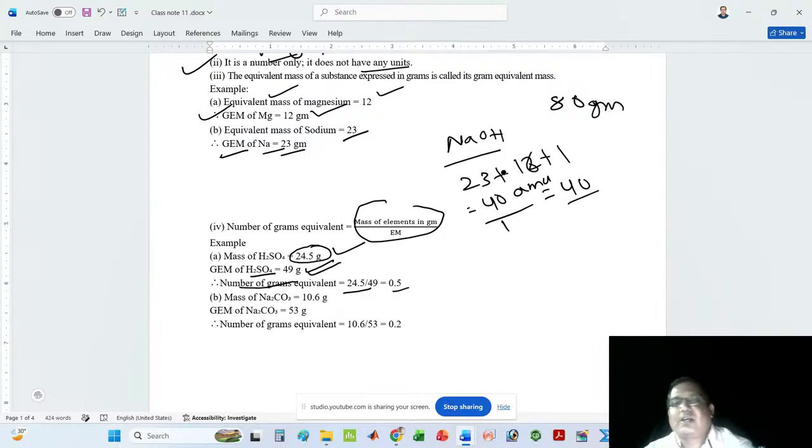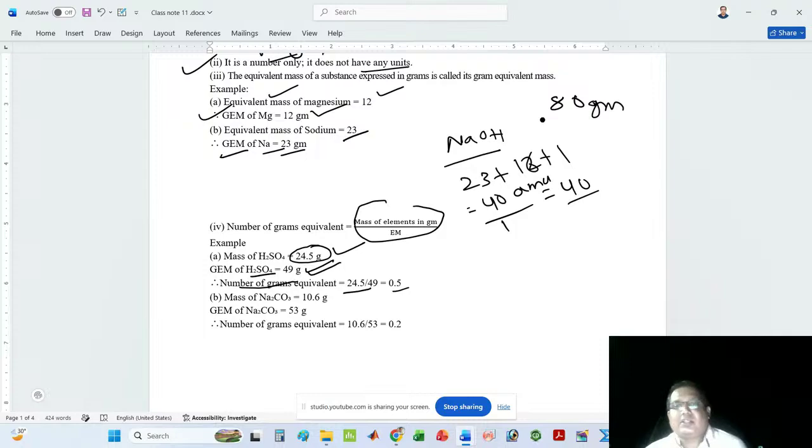I will clearly explain how you will be able to find the equivalent mass by using the atomic mass and valency. So here the question is: how many gram equivalents of sodium hydroxide are given to me? Simply divide the total weight of sodium hydroxide, 80 gram, by 40, the equivalent mass.